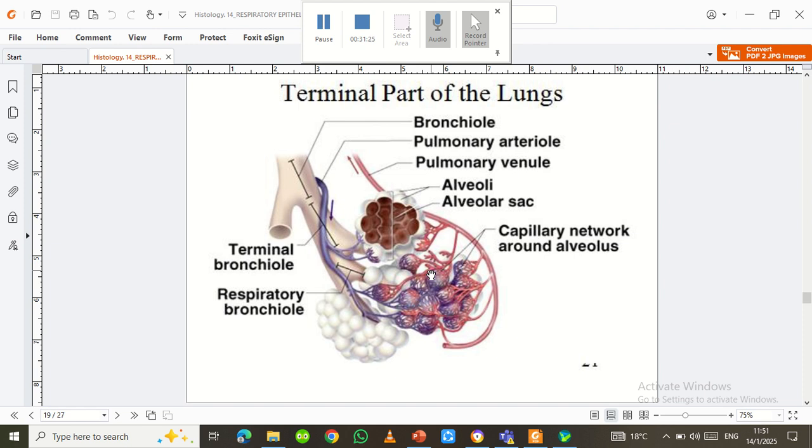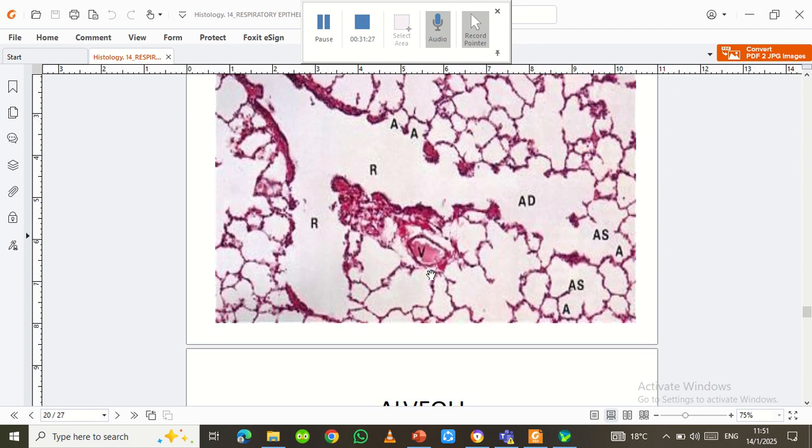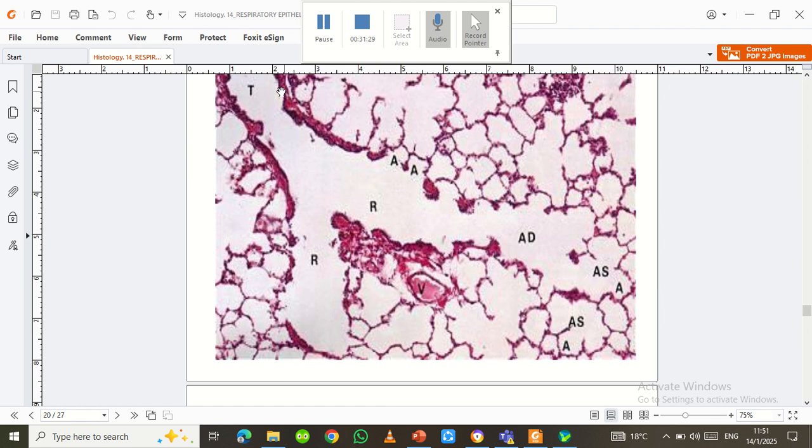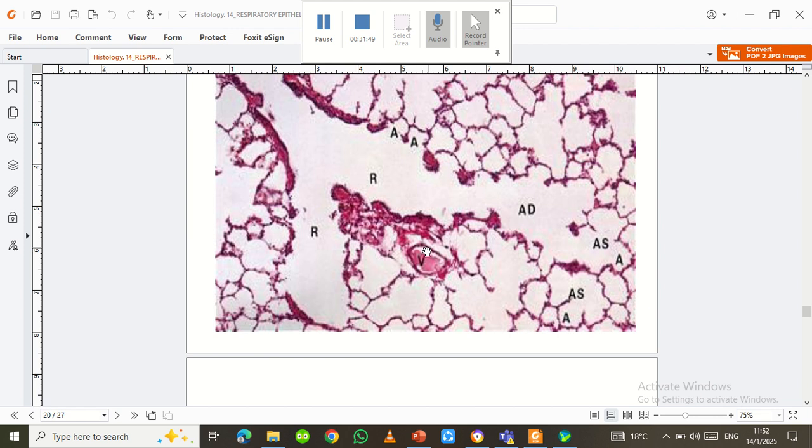Remember, this is gas exchange, right? So you can appreciate this being your terminal bronchi branching into your respiratory bronchi. You can see outpocketing, and this is going to be your alveolar duct. Then this is going to be your alveolar sacs with alveoli. You can appreciate the vein over here.